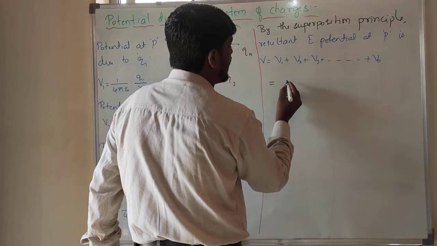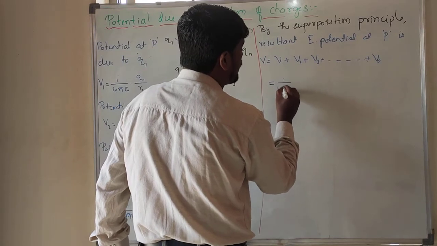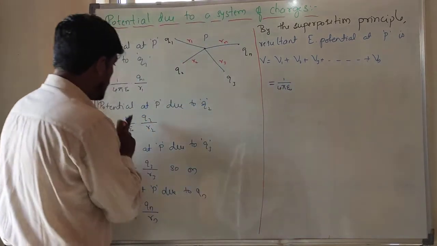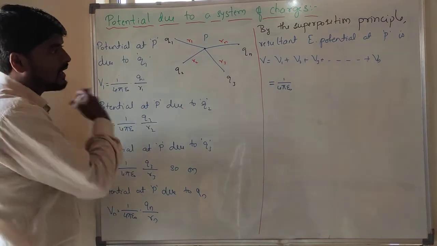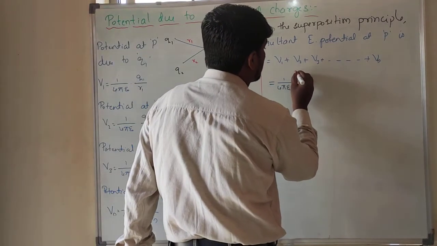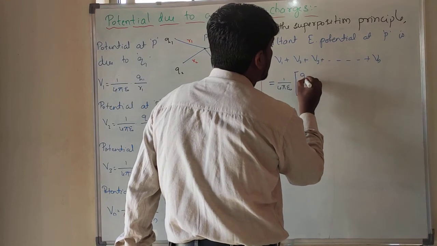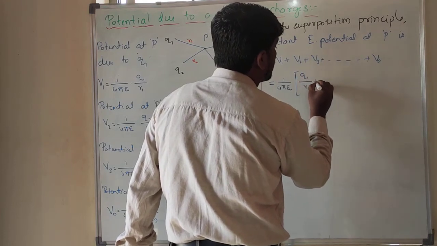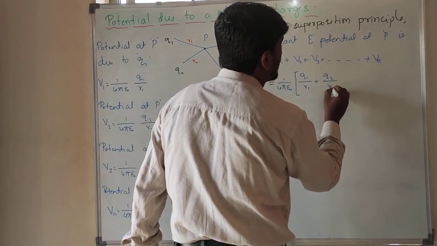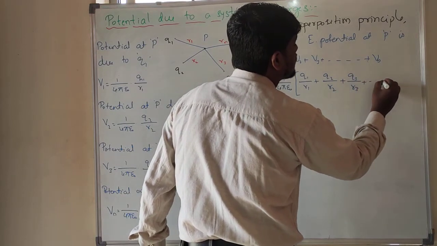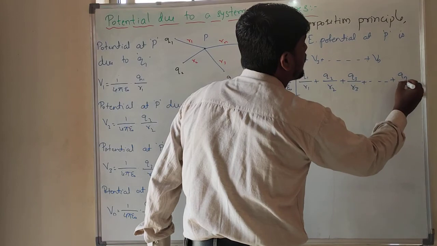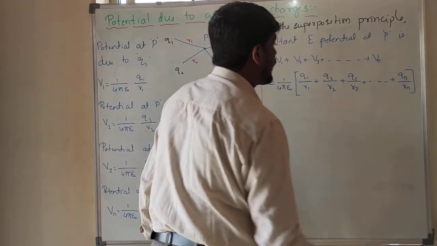So what do I get? 1 by 4 pi epsilon naught is common, so take it outside. Inside the bracket we are left with Q1 by R1 plus Q2 by R2 plus Q3 by R3 plus so on up to Qn by Rn.